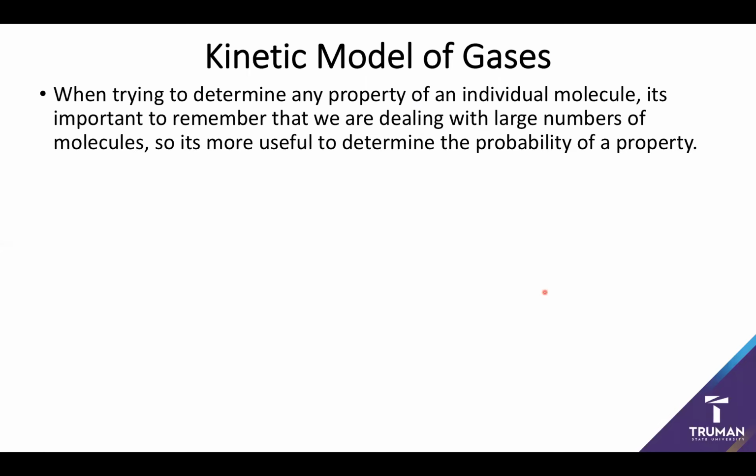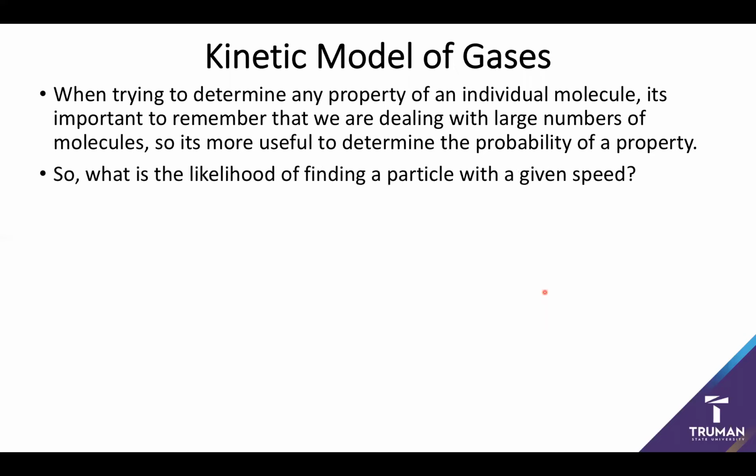What I really want to focus in on is the probability of finding a molecule with a given property. Specifically, if I want to figure out the likelihood of finding a gas molecule moving at, say, 400 meters per second, then I'm going to have to figure out what the distribution is and then look up the value for that specific point.